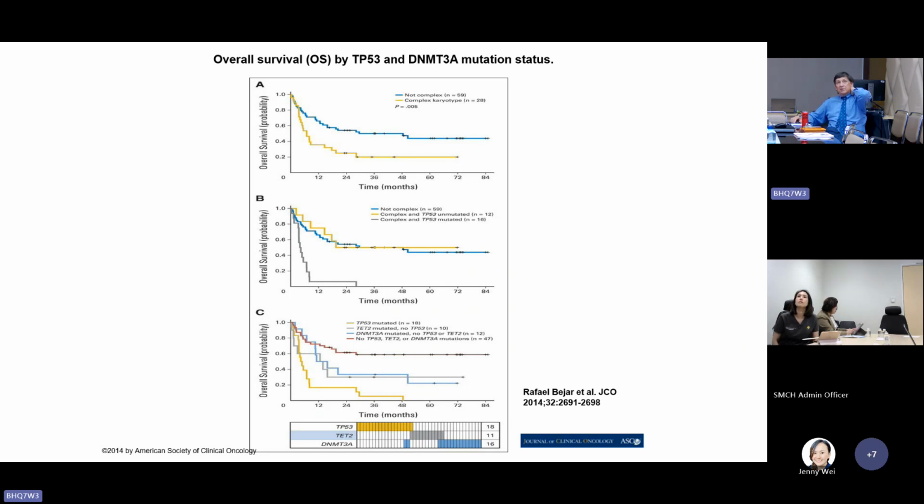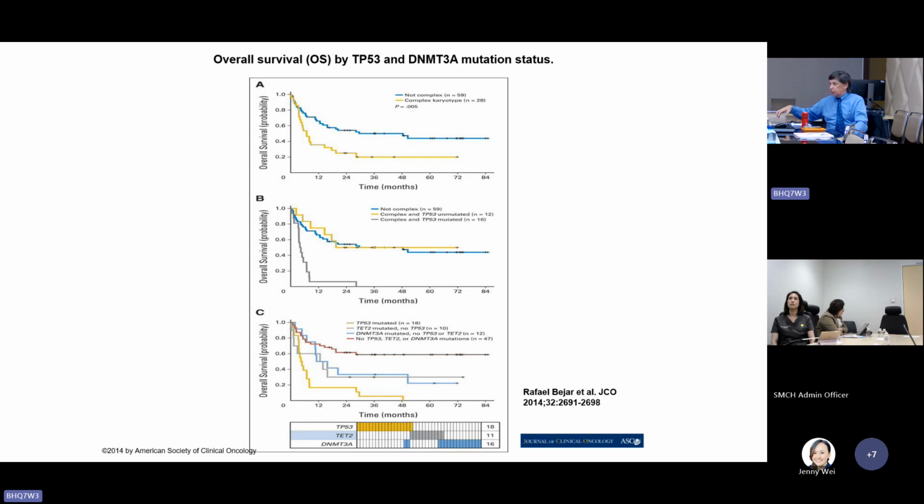If you had not complex or you had unmutated P53, you did okay. But if you have complex cytogenetics and TP53, you could see it was almost 100% dead within 1 year.